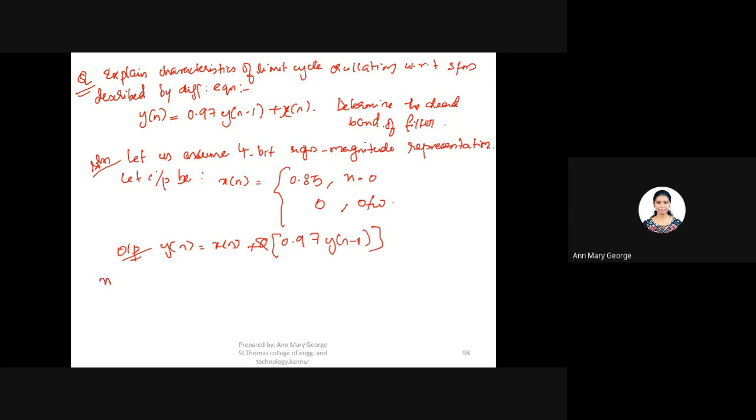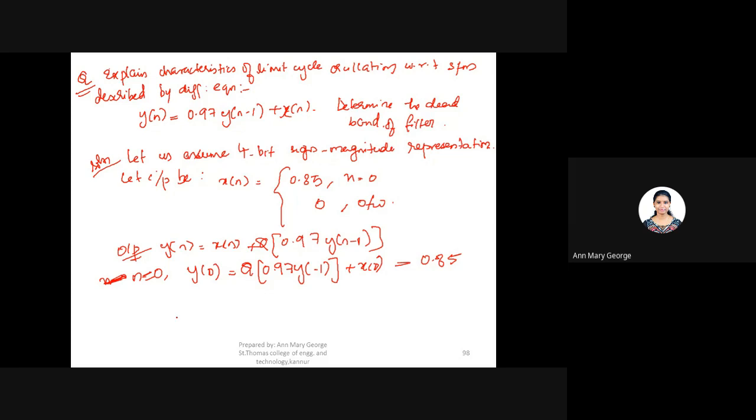For n equal to 0, y of 0 equals q of 0.97 y of minus 1 plus x of 0. This will be equal to 0.85 itself. Okay.